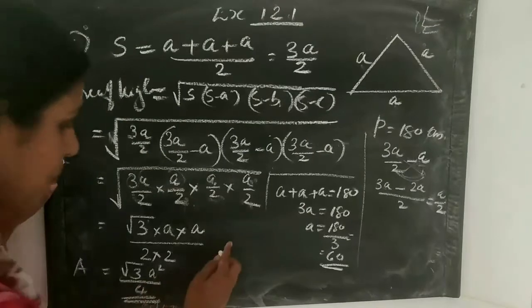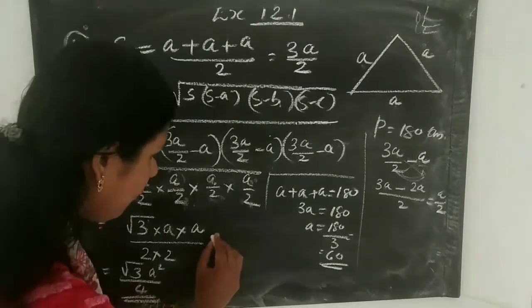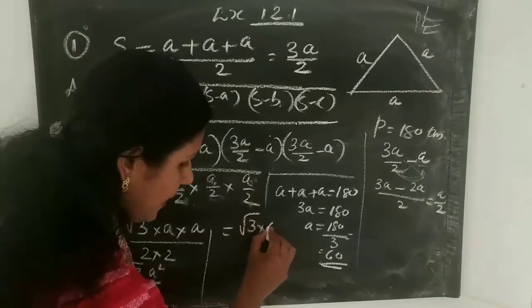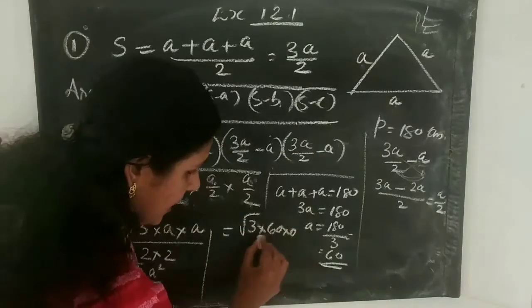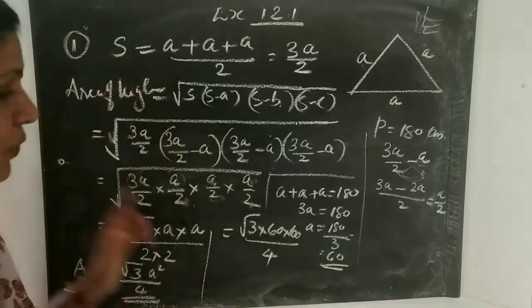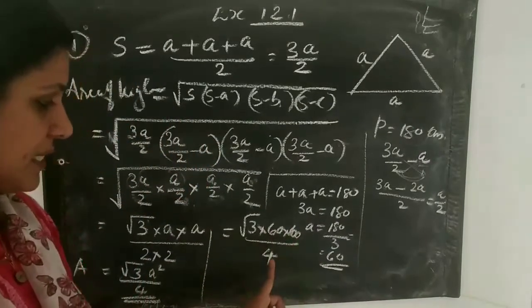Now we substitute the value here: root 3 into 60 into 60 by 4.